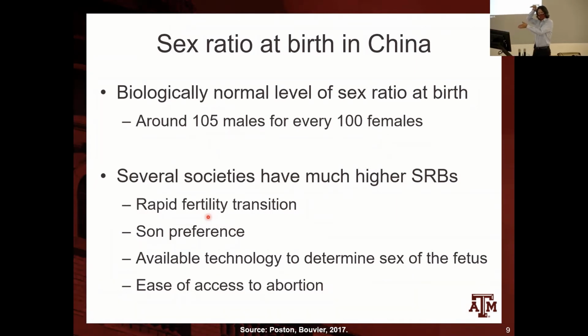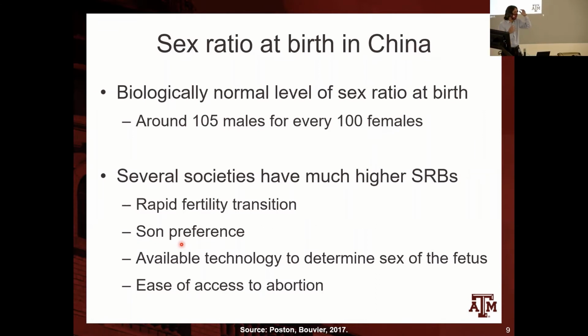And in the context of that fertility decline in which those countries culturally have a preference for sons, and then the availability of ultrasound to determine sex, people have easy access to abortions, and that affects sex ratio at birth.